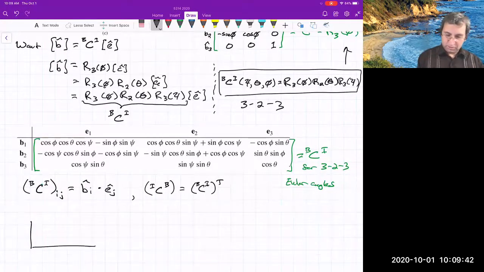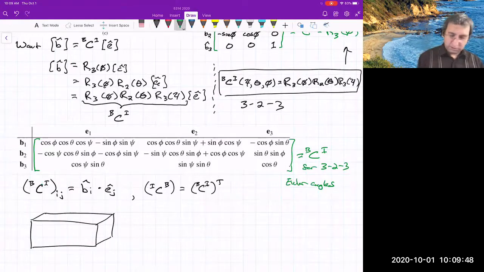And how might that be useful? That would be useful if I'm trying to describe, I'll do something similar to what I had up above. If I'm trying to describe a corner of this box, what it is. This is RPO.